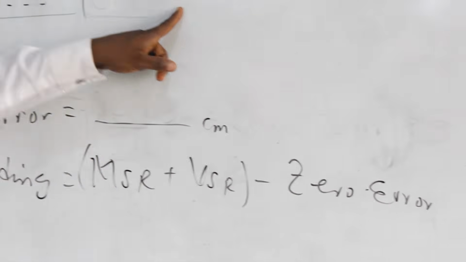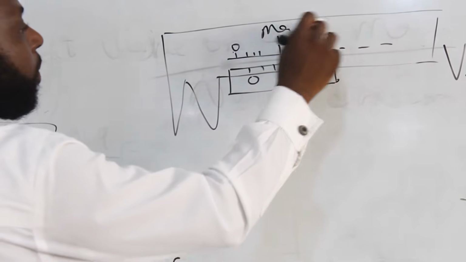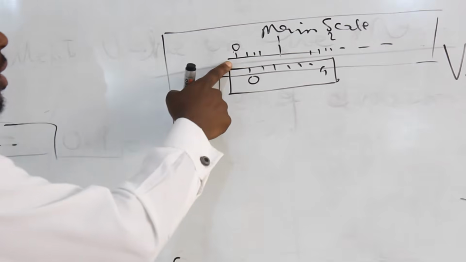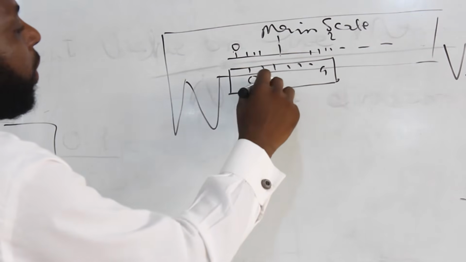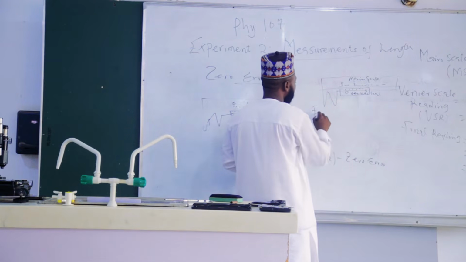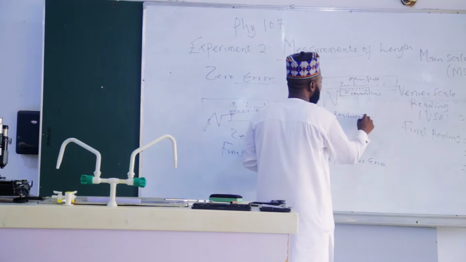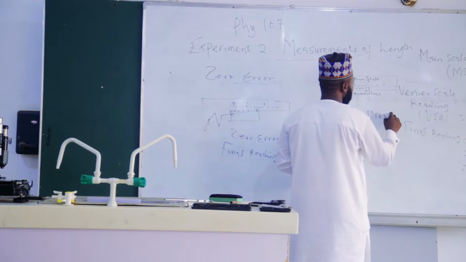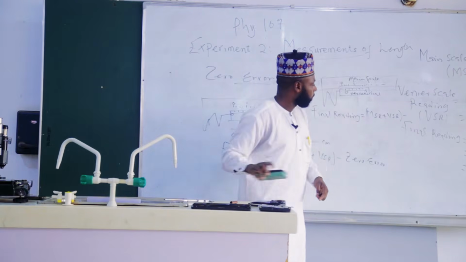While in a case like this, where your main scale reading is leading, the zero mark of your main scale is leading the zero mark of the vernier scale. In such a case, your final reading becomes the sum of your main scale plus your vernier scale reading, plus your zero error.